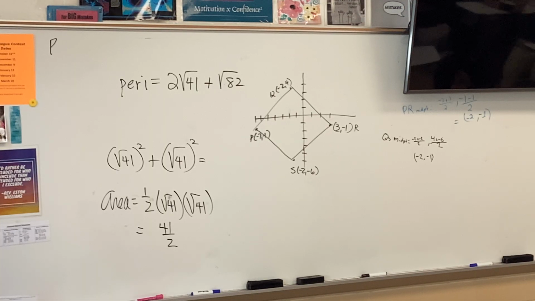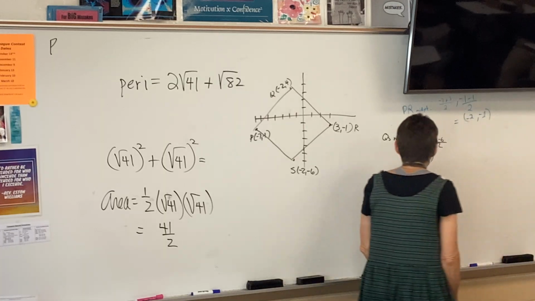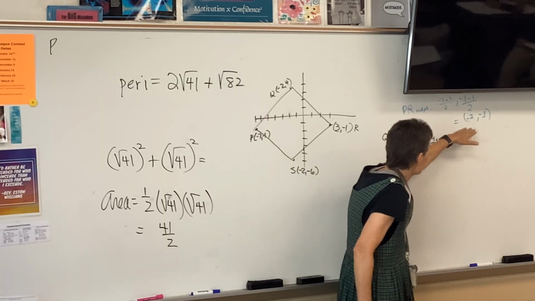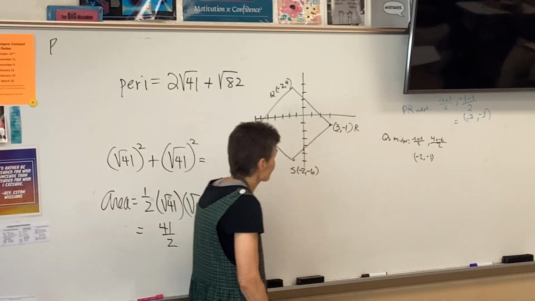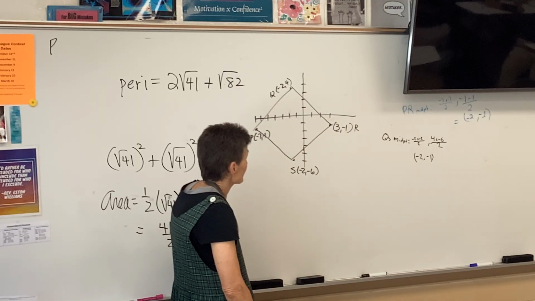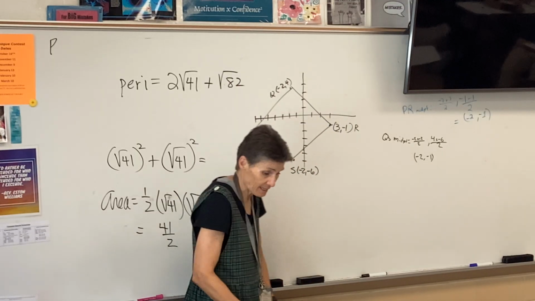What does it have to do if the diagonals bisect each other? It's going to be a parallelogram. It would be a rhombus if the sides are all congruent. I don't know if they are or not. It would be a rectangle if the diagonals were congruent. I don't know if they are or not. But I know since we have the same midpoint, that we do indeed bisect each other.